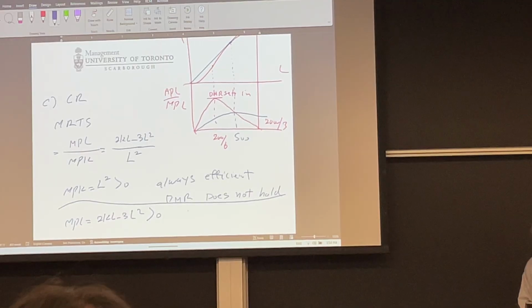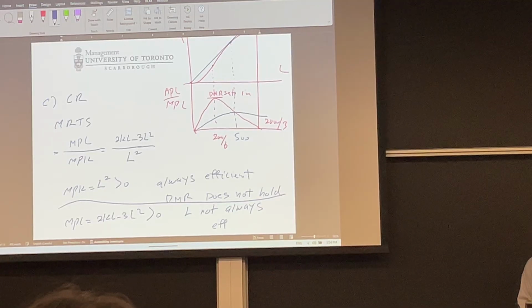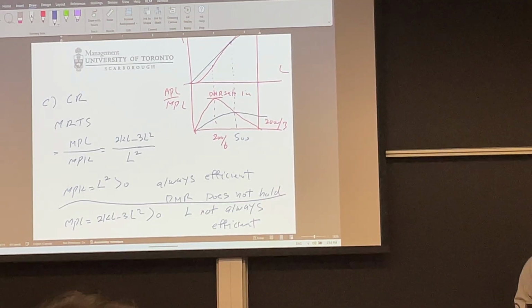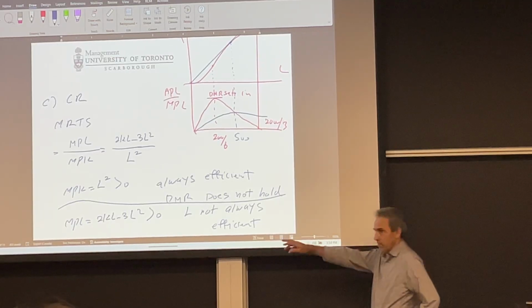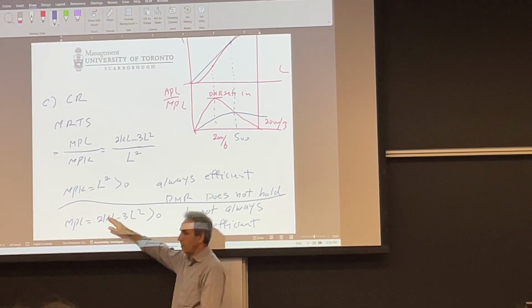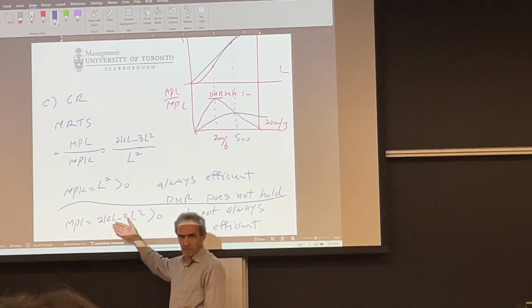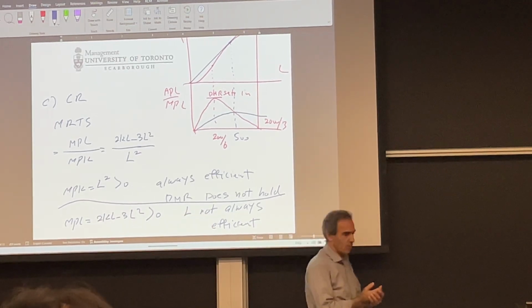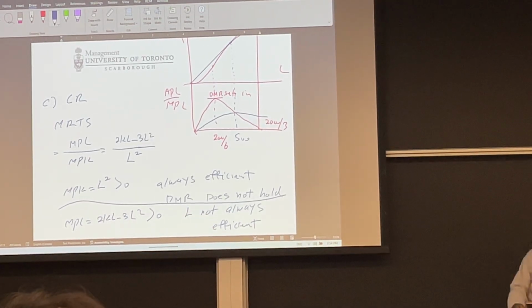Labor is not always efficient. If you use too much of it, it will be inefficient. If you cross a certain point, it will be inefficient. What's that point? It will depend on the capital. Depending on the capital, you can find it. The capital is the limit to how much labor you can use.